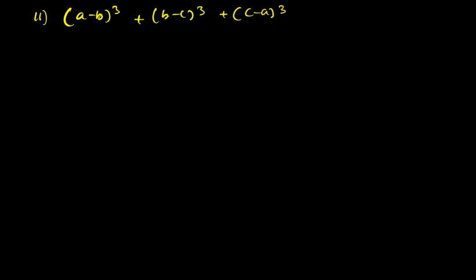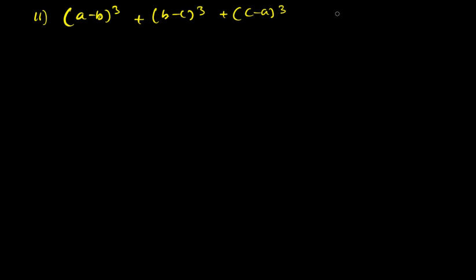I told you that there is one other formula which we might need to use. So that's what we'll be using here. If a plus b plus c equals 0, then a cube plus b cube plus c cube will become 3abc.